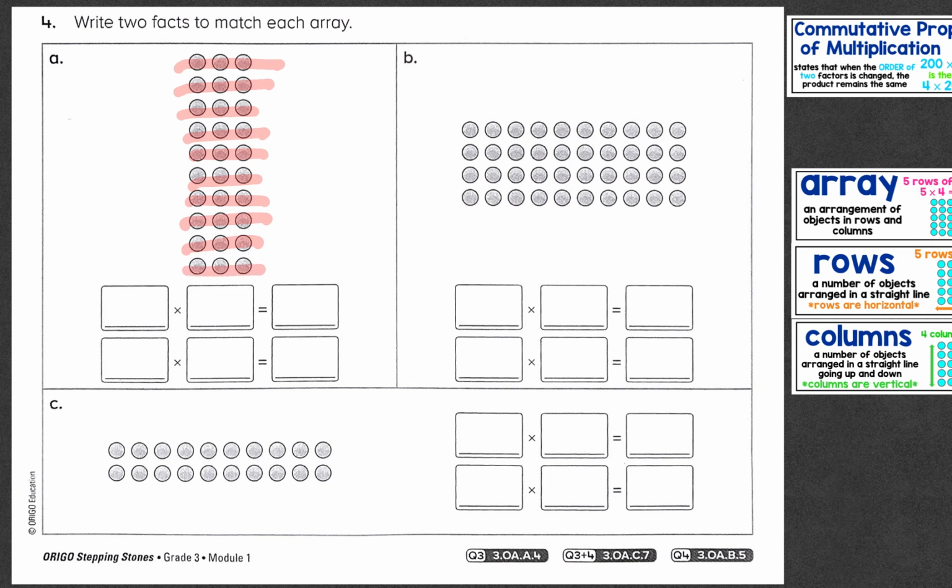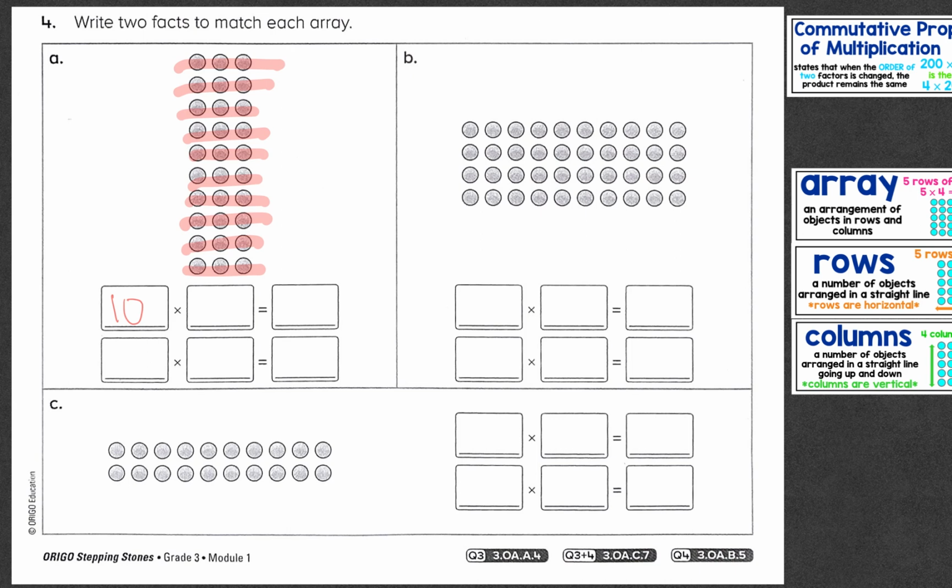Now, I could start counting my columns, or I could just record the number 10 in my first box, since I know that is one of my factors, because the arrays are going to represent the rows times the number of columns. Now I'm going to change my highlighter color to get the columns.